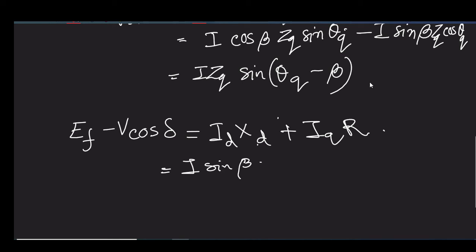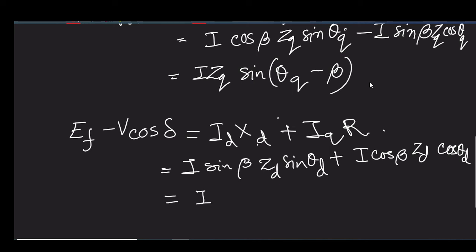XD is ZD sin theta d, plus here what is that? It is I cos beta ZD cos theta d.